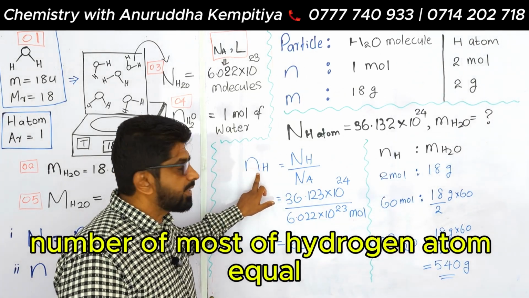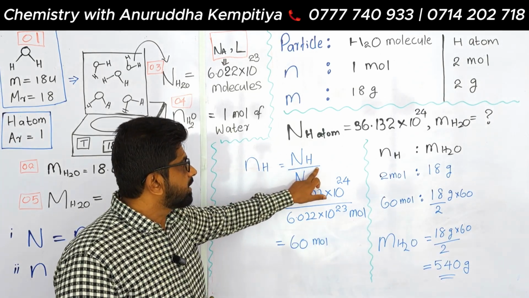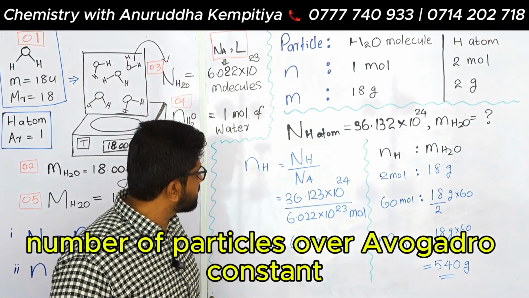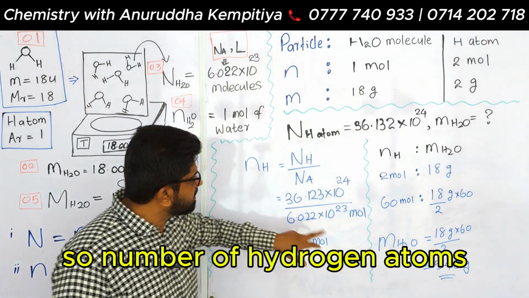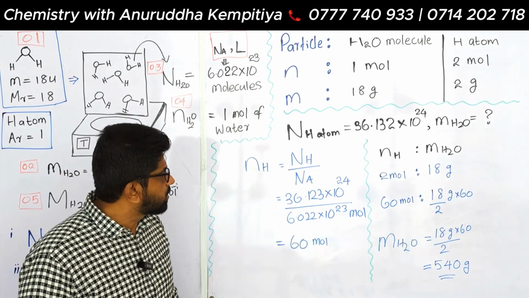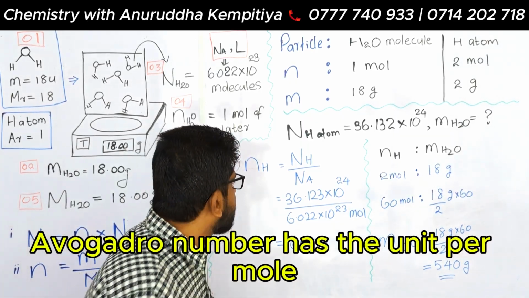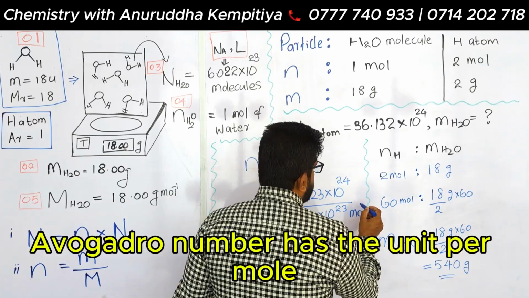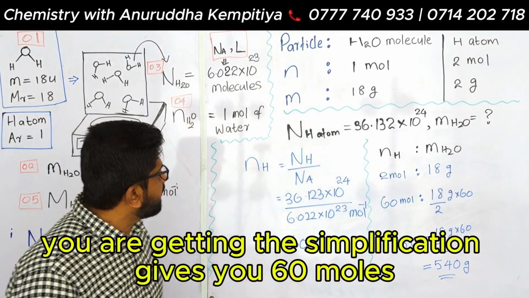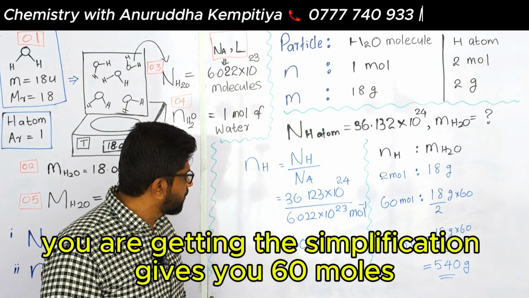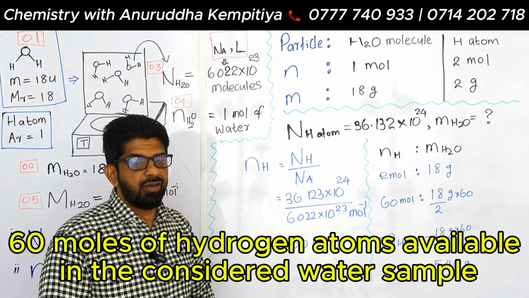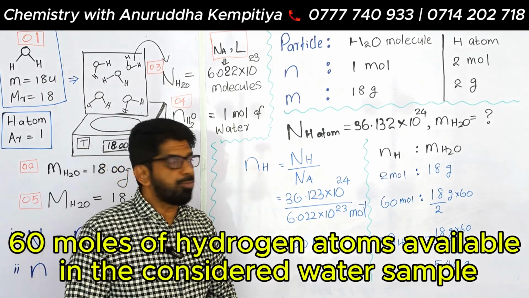Number of moles of hydrogen atoms equals number of hydrogen atoms, this large number, divided by the Avogadro number. The Avogadro number has the unit per mole. So the simplification gives you 60 moles. 60 moles of hydrogen atoms are available in the considered water sample.